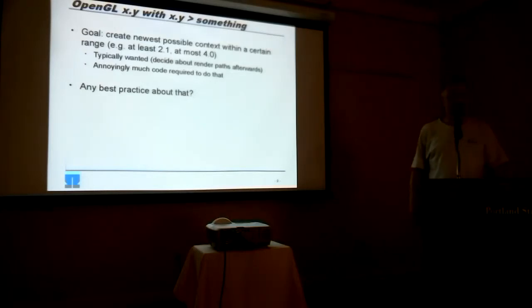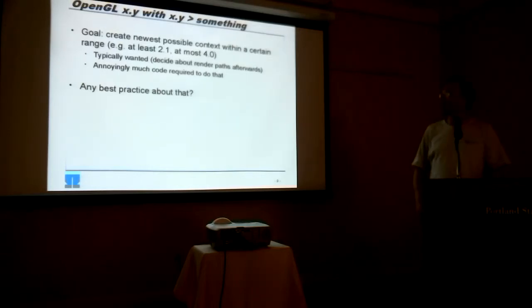Okay, and one more thing which is really bothering him a lot is that from an application's point of view, you actually want to be able to create a context with the most recent version of OpenGL that you, as a programmer, didn't know about at the time of programming, and you're able to deal with some lower versions.